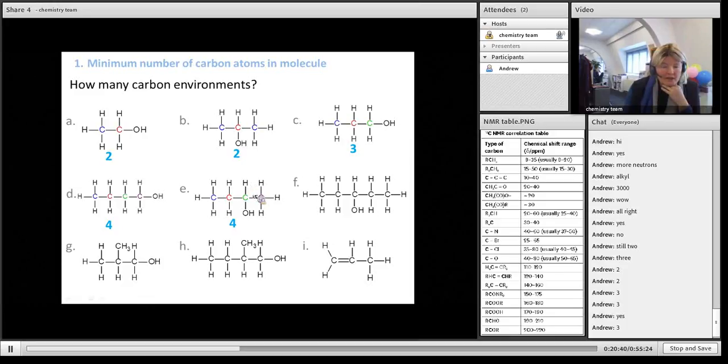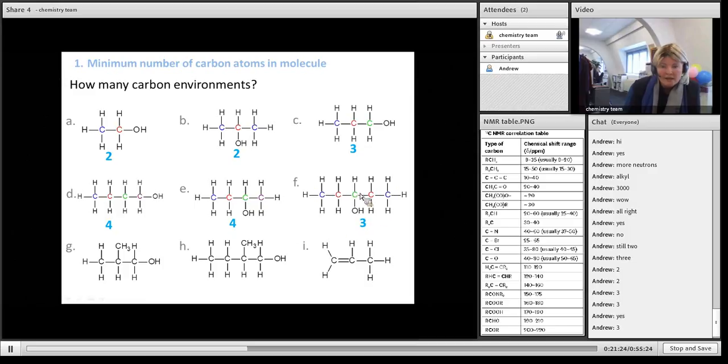This carbon over here has got 3 hydrogens, and although it's got a hydroxypropyl, the OH is closest to the carbon, so it's going to be deshielded more than this carbon over here, blue carbon, because that's got the 3 hydrogens plus the hydroxypropyl. But can you see the OH is now further away from it, so it's not going to be deshielded as much. So that peak is going to be slightly higher up than the purple peak, slightly more upfield. So they'll be close together, but they'll be in a different environment.